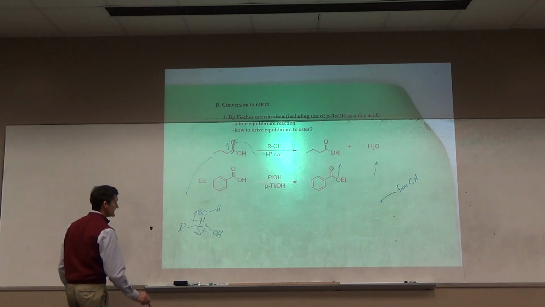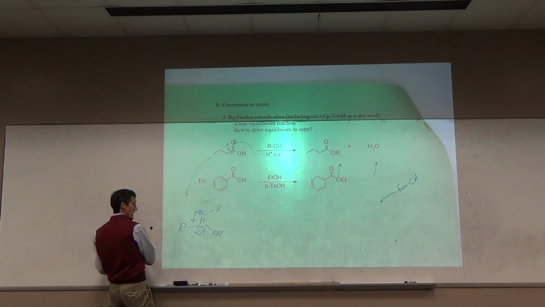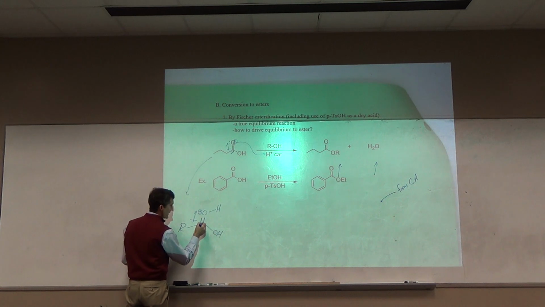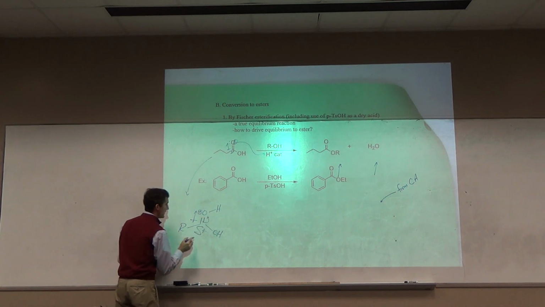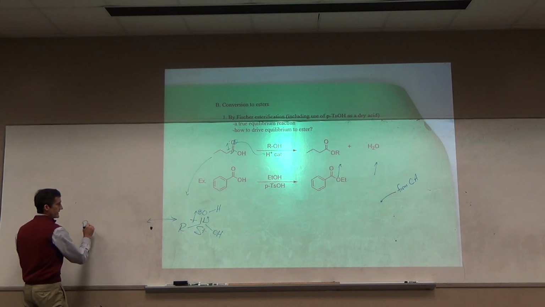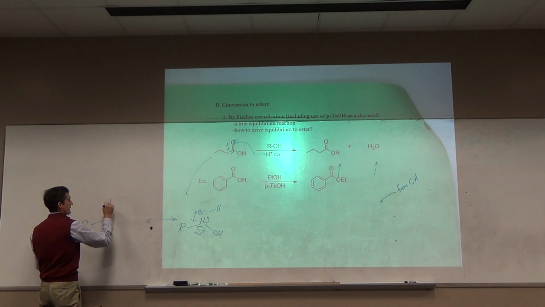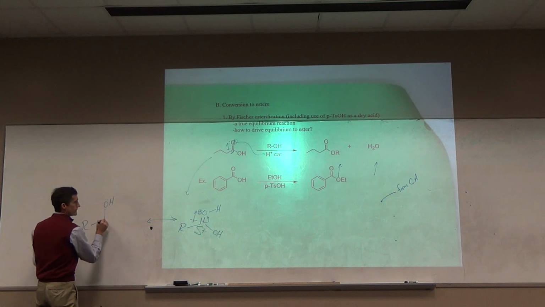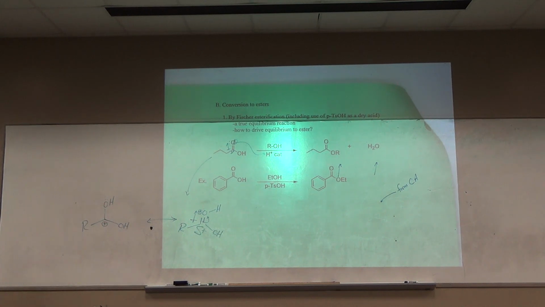We can even show resonance. I'll do that one time. Going forward, we will not. We can just actually move these up. If we move these up, we can get that here, resonance structure.